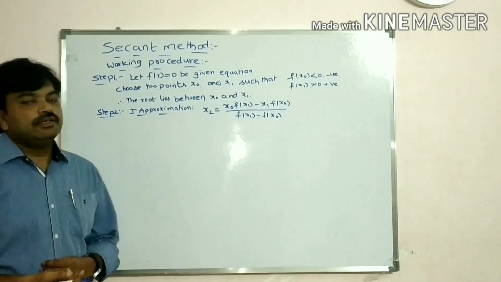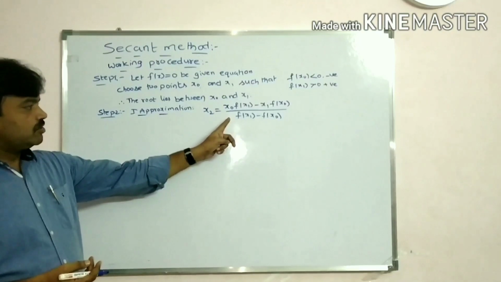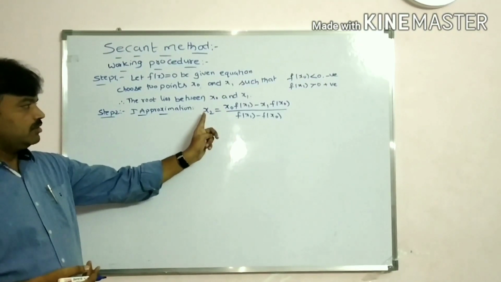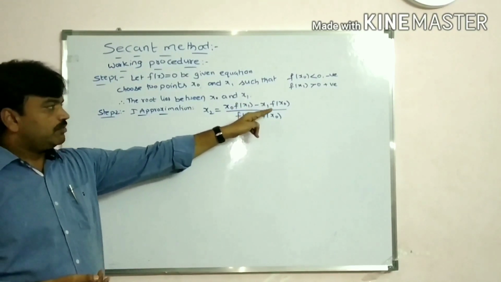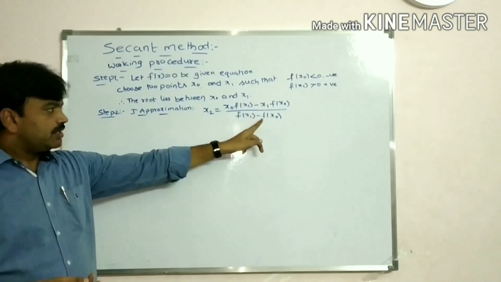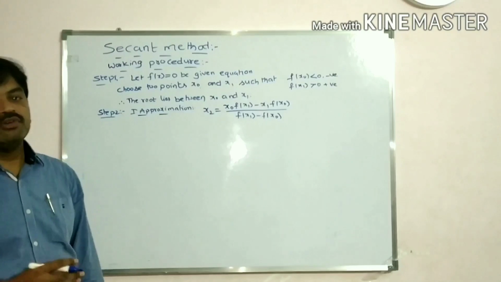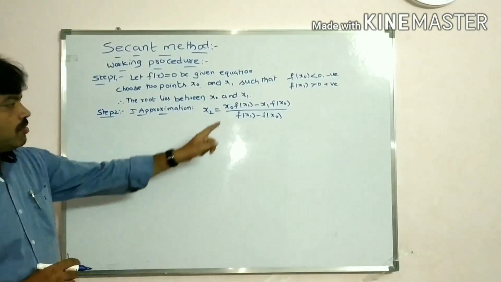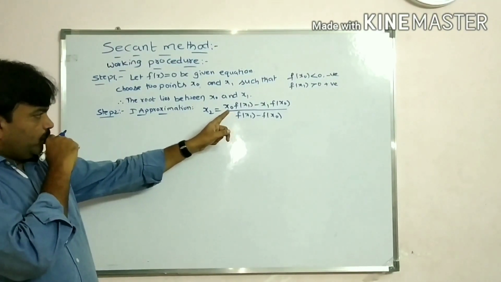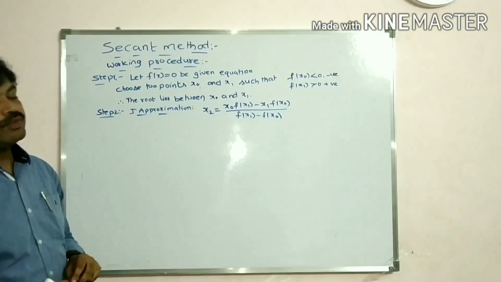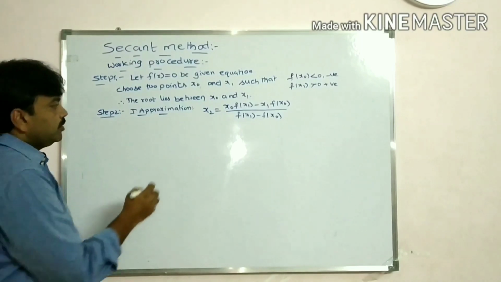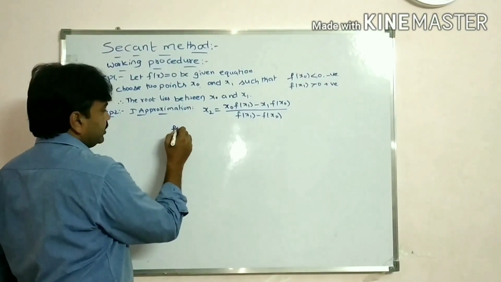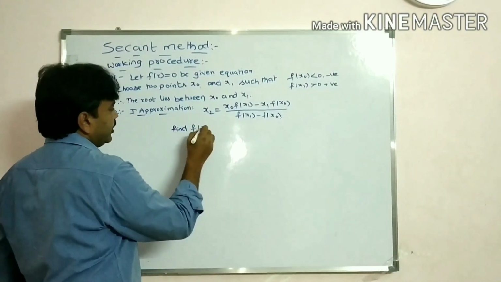Once again, x2 is equal to x0 f of x1 minus x1 f of x0 by f of x1 minus f of x0. Exactly, your observation is correct. This is in the Newton-Raphson method. Now, you find the f of x2 value.